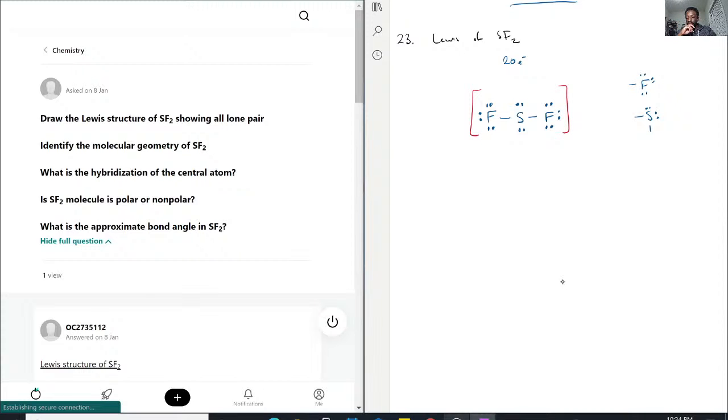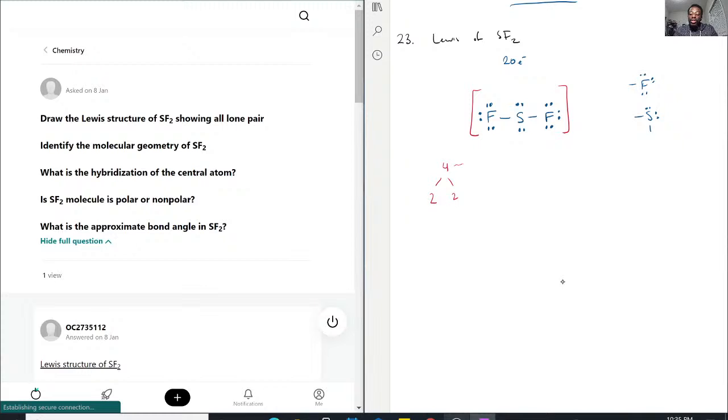Okay, so now with that being said, it says identify the molecular geometry. For this, I would actually like to identify the electron geometry first, which also lets us know the hybridization. We would have 4 pairs in total, which breaks down to 2 bonding pairs and 2 lone pairs.